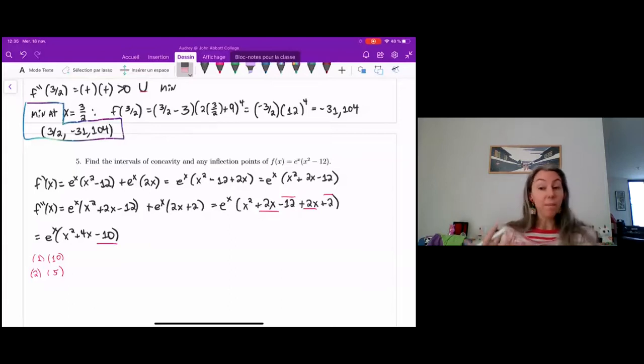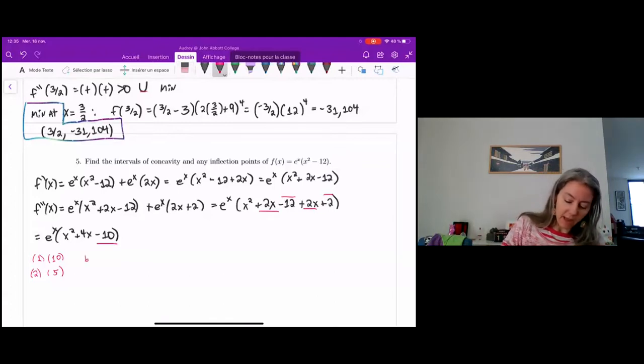So at this point, it might be a good idea to check and see if this thing actually factors. And remember, to check if the thing actually factors, we're looking at b squared minus 4ac. If that is less than 0, it does not factor. So let's check. 16 minus 4, or rather 4 squared.